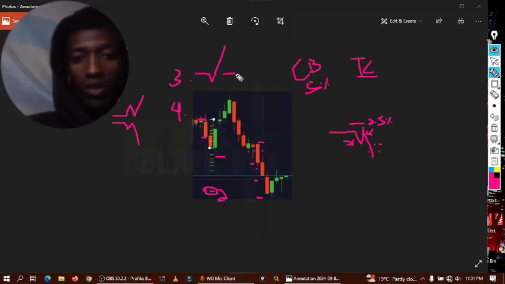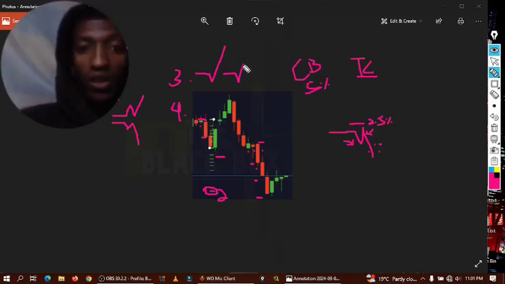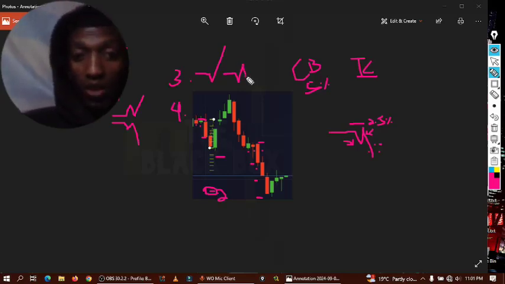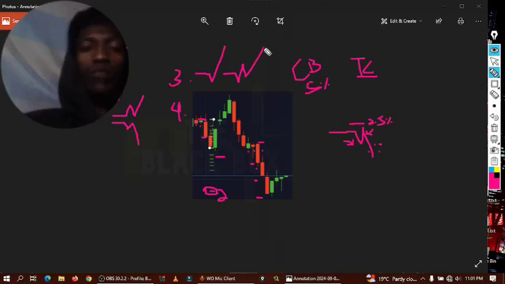Or they move it, show us we are in the upper direction, bring it down to support at this sweet spot, and then release it to the upside.